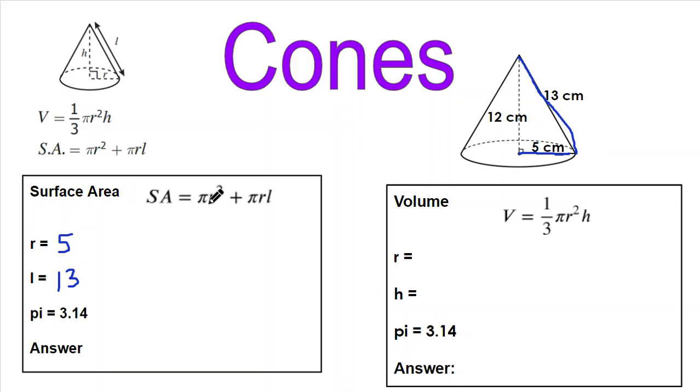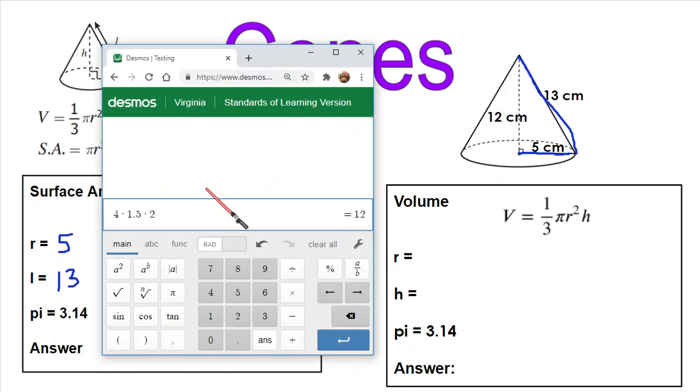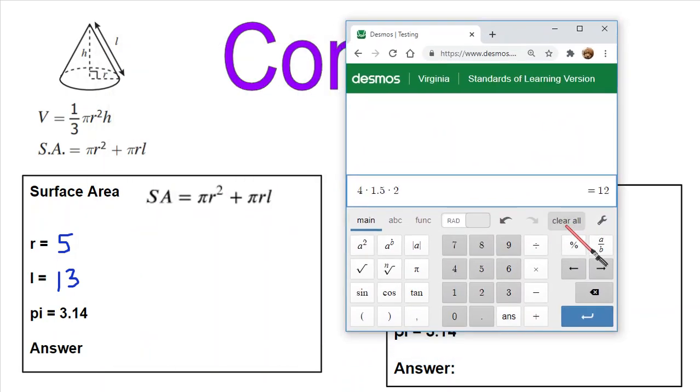And then for pi, we know pi goes on forever and ever, but we just want to use 3.14 for pi. So now that I know that, I can put these numbers into Desmos and find my surface area. Okay, so I want to type in r equals 5, because my radius equals 5, and L equals 13. Now I can plug in my formula.